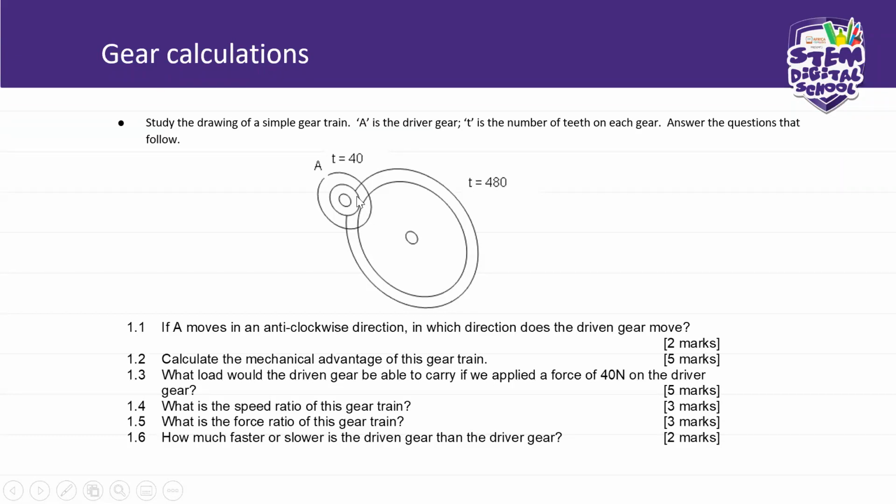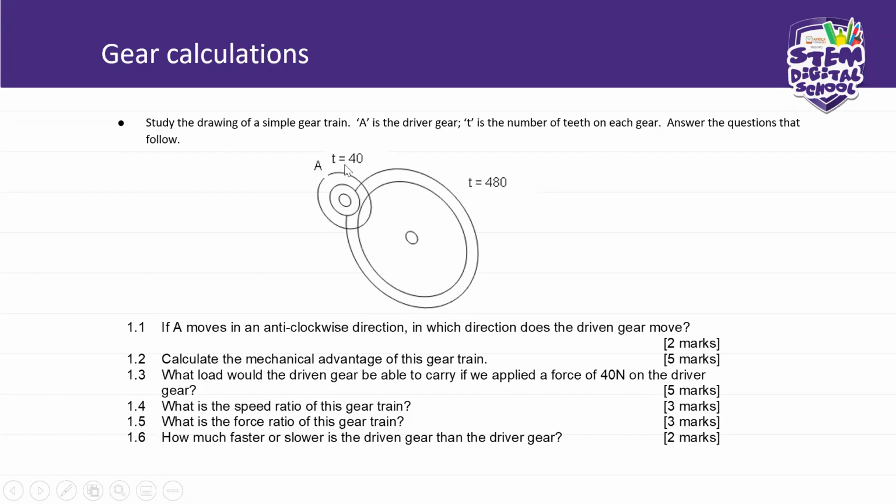They are in gear mesh because the lines overlap. Because we cannot see the teeth and cannot count them, we are given the value. The T is for the number of teeth. This very small one has how many teeth? 40. And this bigger one has how many teeth? 480. So this one is a lot bigger than that.